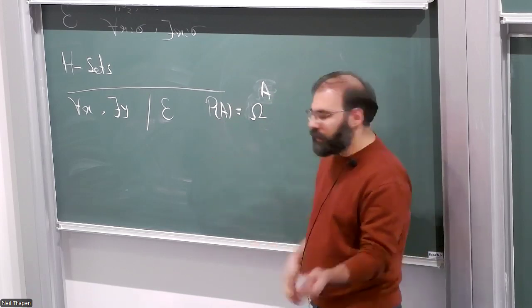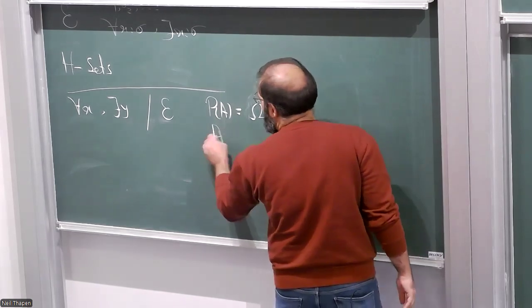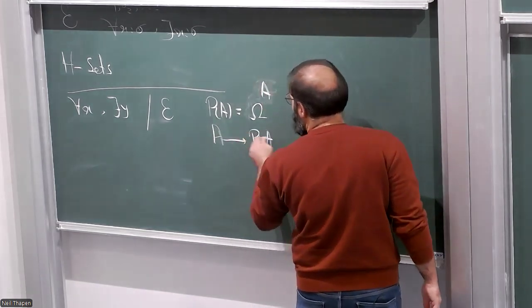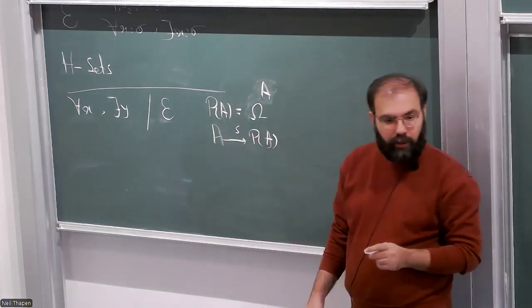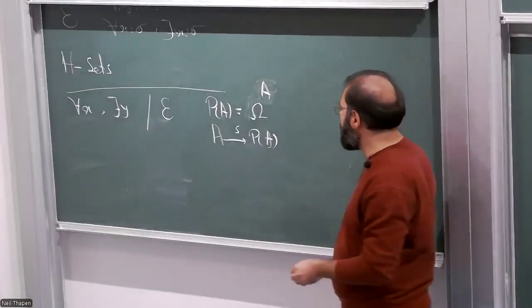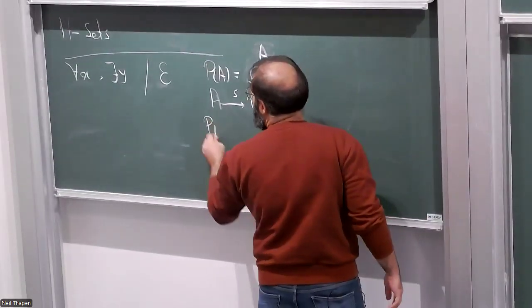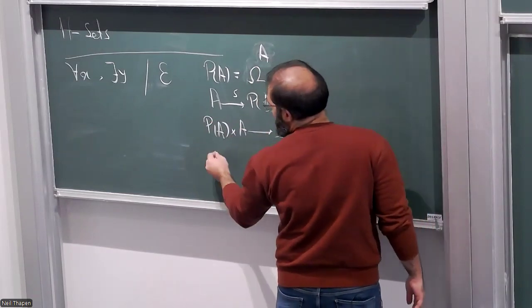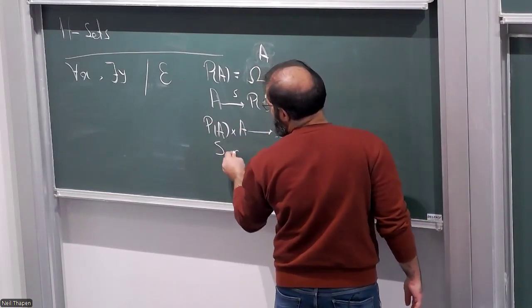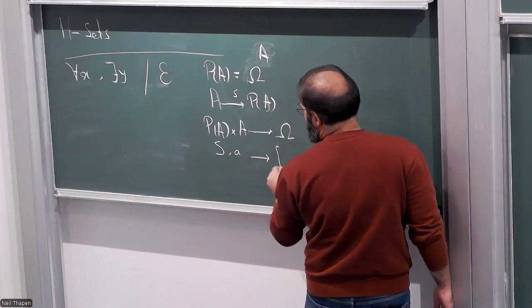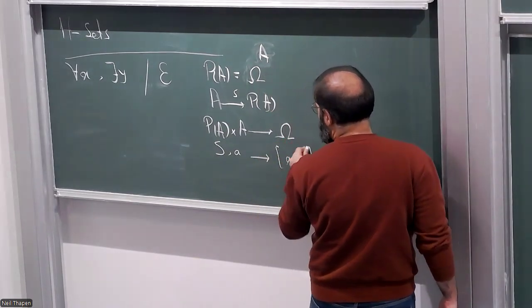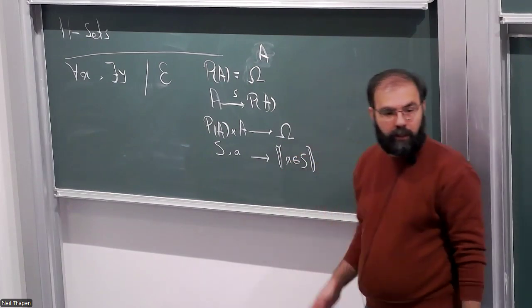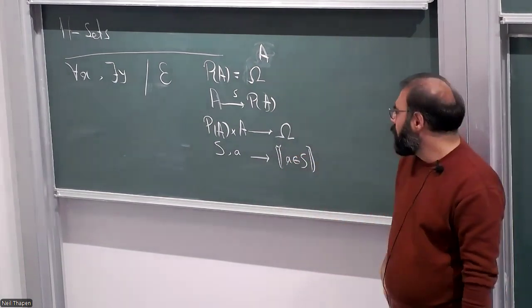For instance, you can prove that there is a map from A to PA, like a singleton, that mimics the singleton idea. Or there is a map from PA times A to omega that reads some subset, reads some element A, and decides whether A is in the subset or not. Things of that sort.